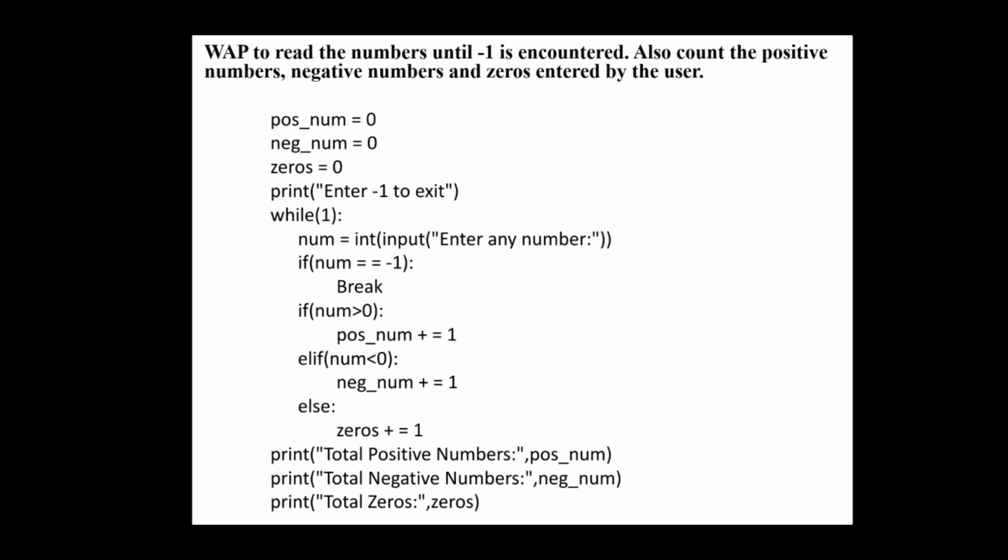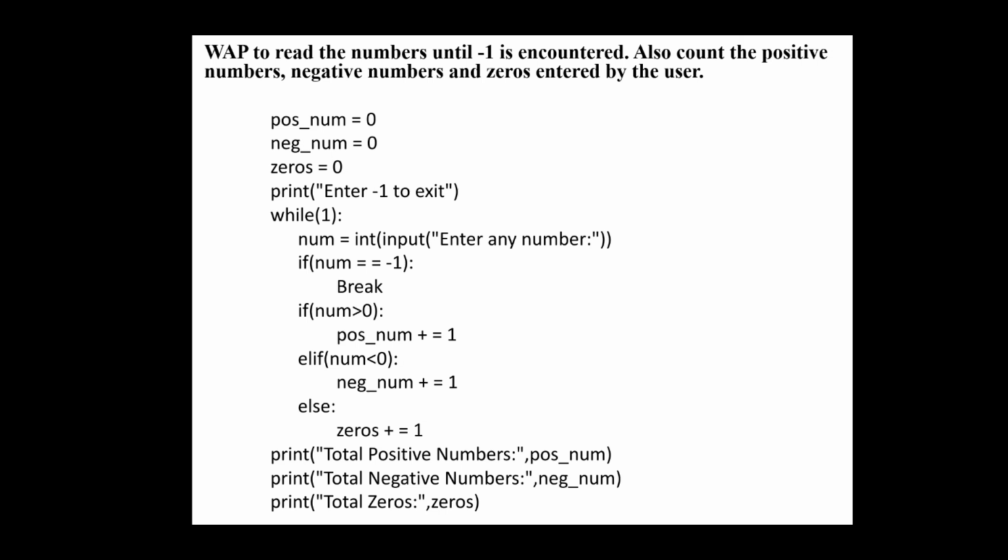Again, if num > 0, that is 2 > 0, true, so pos_num = 0 + 1, that is equal to 1. That is positive number equal to 1. Then we ask the user to enter the next number.